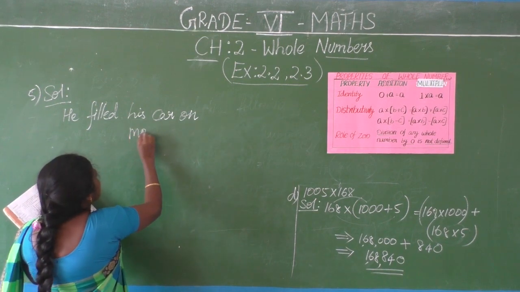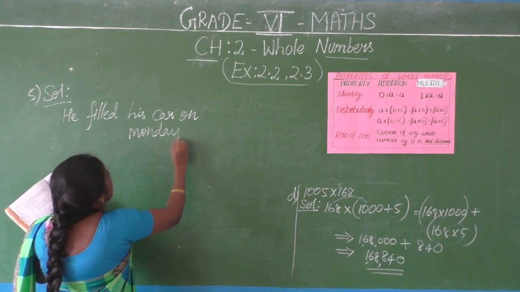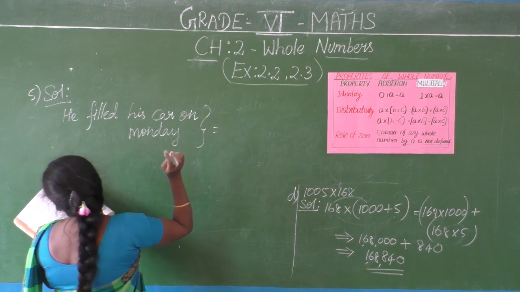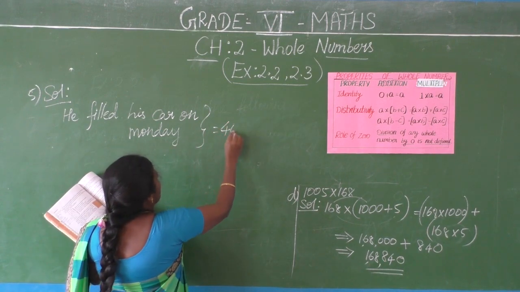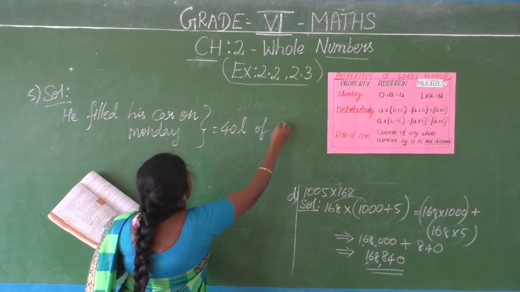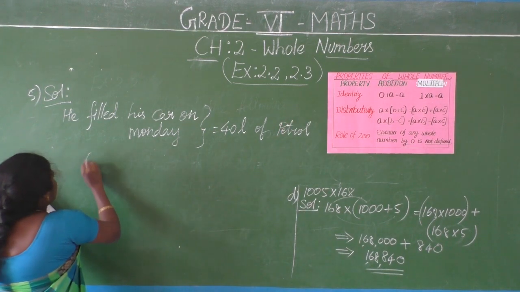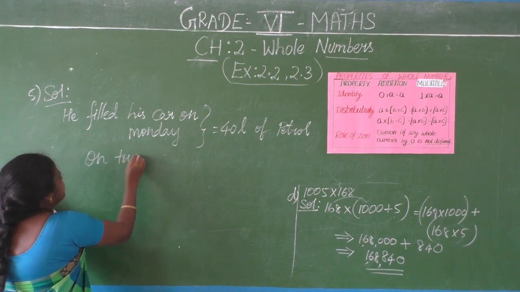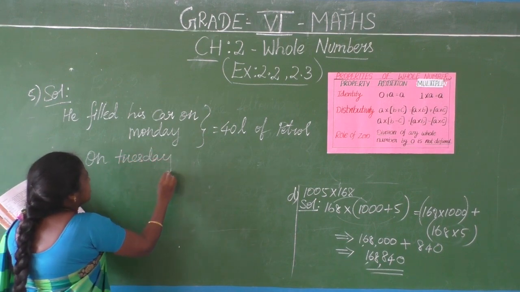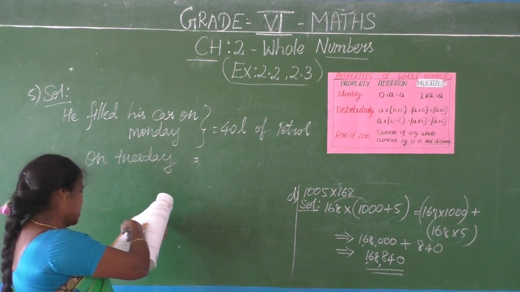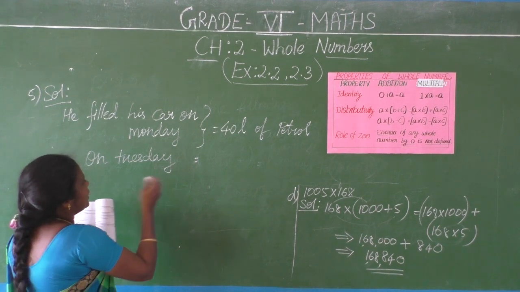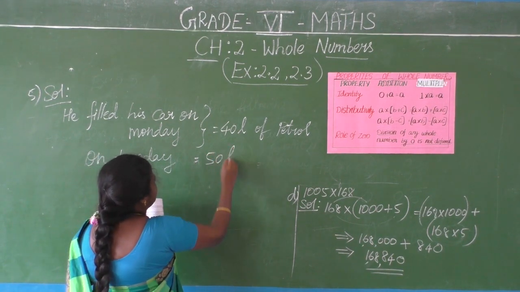How many liters? 40 liters of petrol. On Tuesday, how much? Tuesday, 50 liters of petrol.